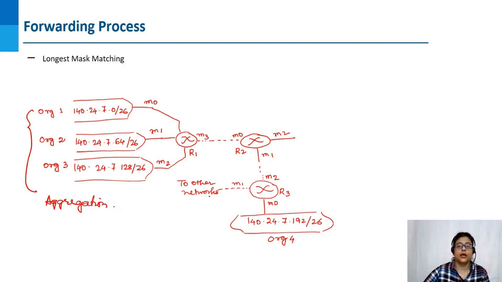Now what if we have a destination, let's say 140.24.7.200. If this is the destination address, how to properly go to organization 4? For that purpose, let us switch back to router R2.